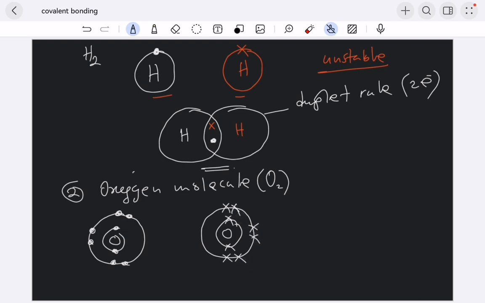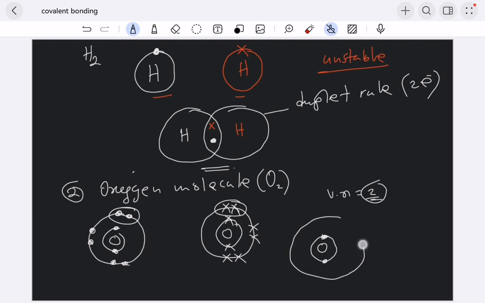So the valence number for oxygen is 2, meaning each respective oxygen can share 2 electrons. So this guy will share those 2, this guy will also share those 2. So what will be the final structure? So the final structure is this oxygen with those 2 electrons inside, then the outermost shell will overlap with the outermost shell of the other oxygen. So it will put in to share those 2, the other one will also share those 2.